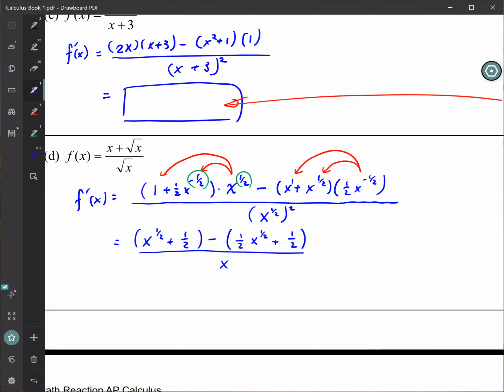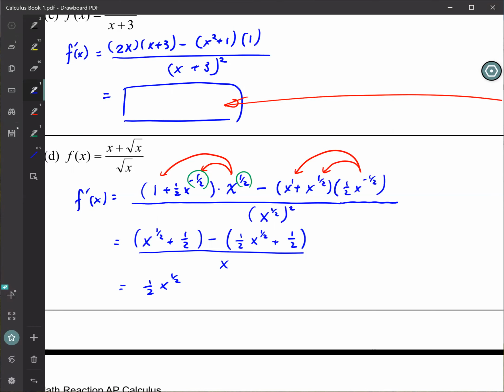Right. So now after this, let's take a look at what can be canceled out on the top. Okay, Joan, how do we simplify the numerator now? Once you expand the brackets, you see the x to the power of a half, and then you just take 1 minus half of that, so you just have a half x to the power of a half.